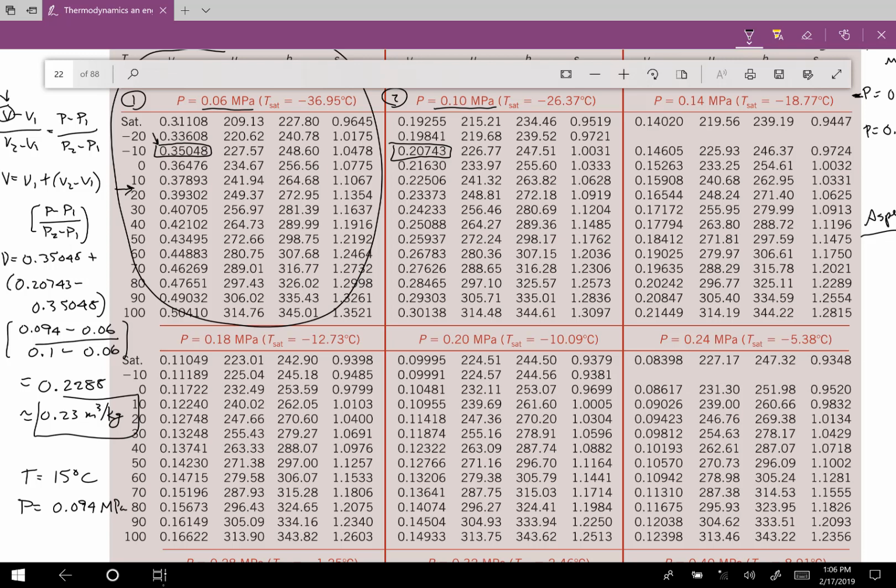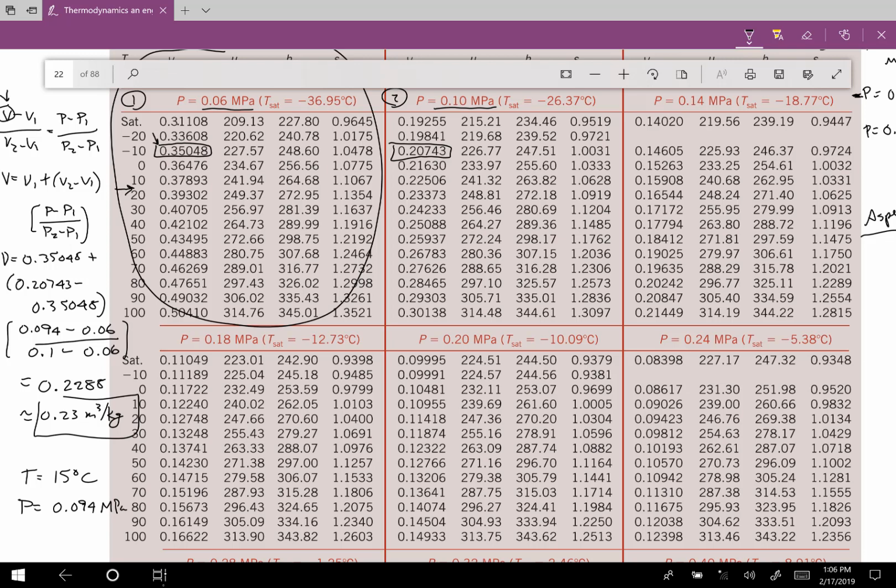I would probably just pick a value that's evenly spaced between 0.39302 and 0.37893. That's assuming these have a linear relationship, so just keep that in mind. So it's 0.39302 minus 0.37893, divided by 2, plus 0.37893.